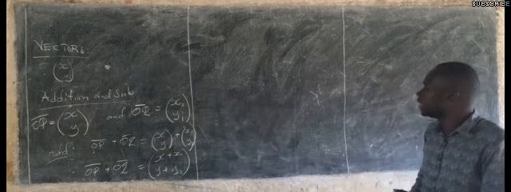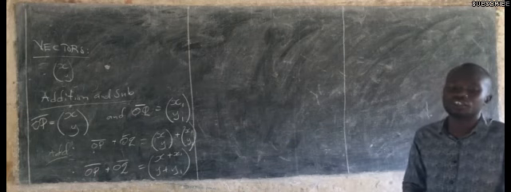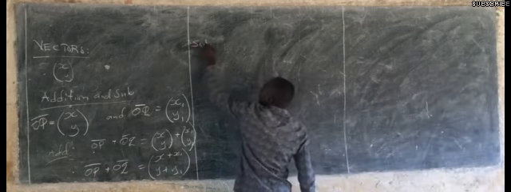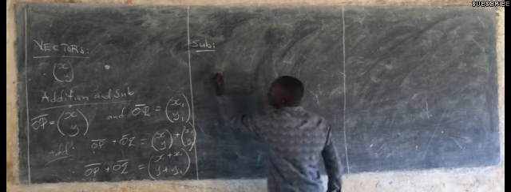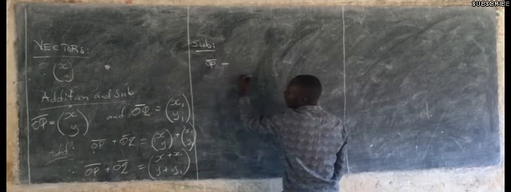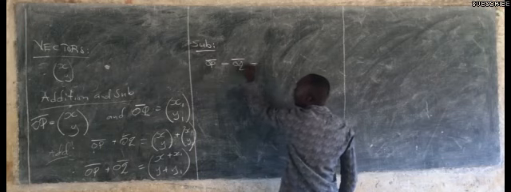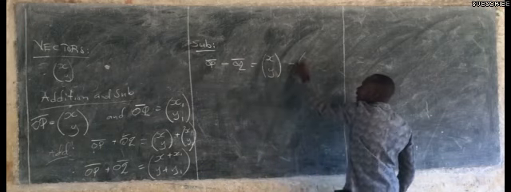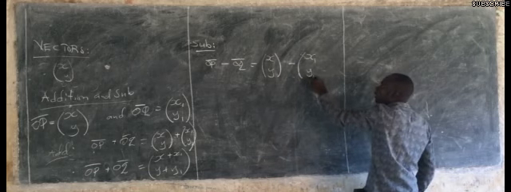The same idea is used in subtraction. Let us assume that we are subtracting, and it is vector OP minus vector OQ. When we are to subtract this one, it is x, y minus x1, y1.